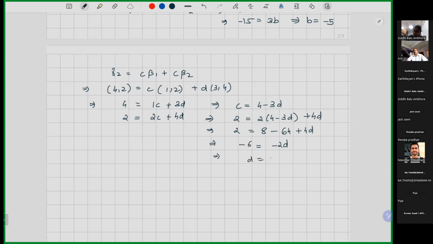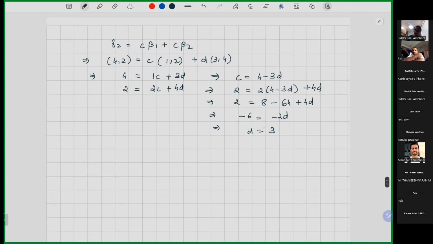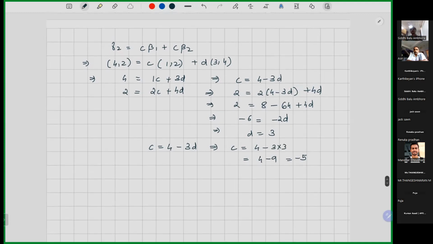So D is equal to 3. And once I have D is equal to 3, since C is equal to 4 minus 3D, I get C is equal to 4 minus 3 into 3, which is 4 minus 9. So it is -5. Any doubts here?